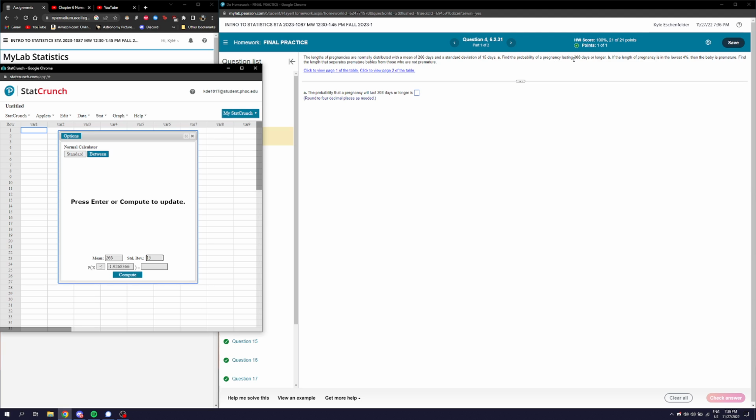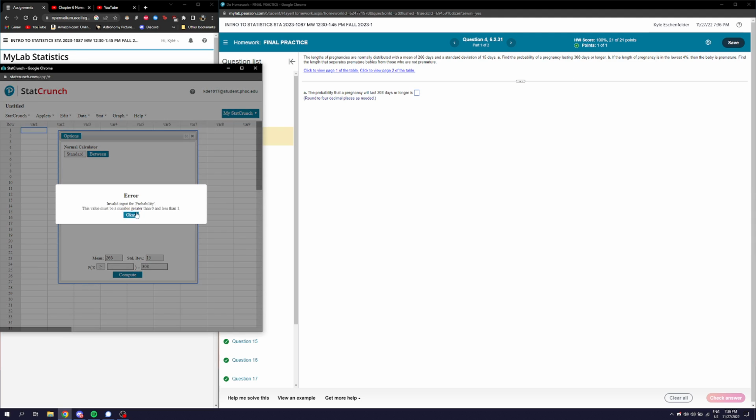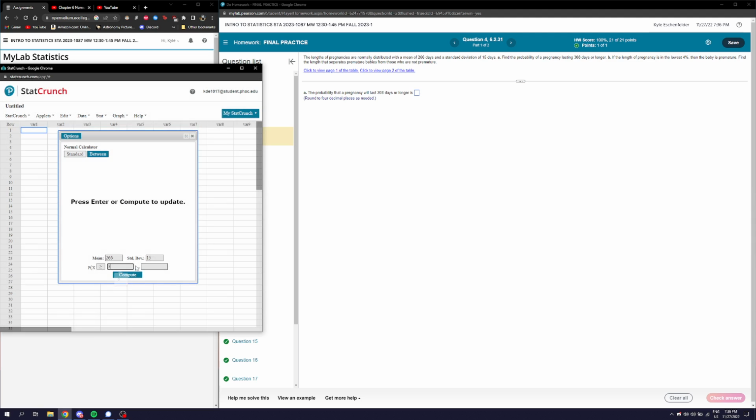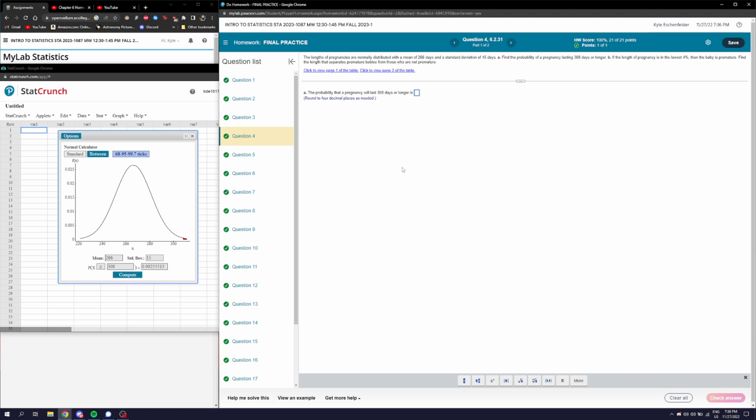You want to find the probability of it lasting 308 days or longer, so greater than or equal to. 308 goes there. Probability down to 4 decimal places, so 0.0026.